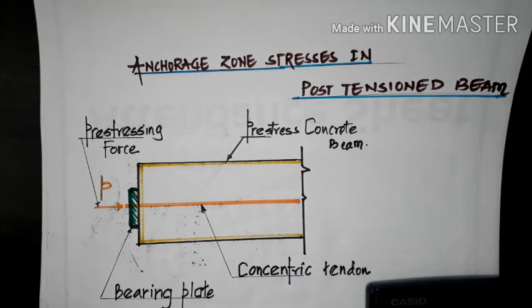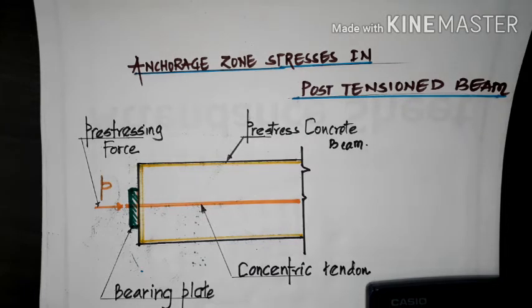Before going to that, we should know what is anchorage. I told you there are two types of beams in prestressed concrete: one is post tension beam, one more is pre-tensioned beam. What is a pre-tension beam? In a pre-tension beam, the tendons are passed through the section before pouring the concrete, and the tendons are stretched before pouring the concrete.